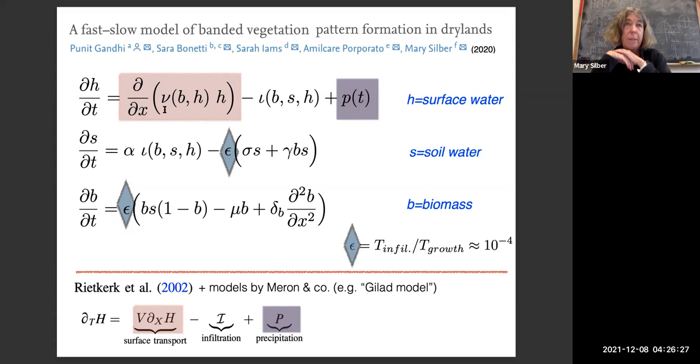So we put in something like 1 over 1 plus eta B, where eta was something like 20. So over the bare soil, it would be going at one velocity, and over the vegetated soil, it was going something like 10 times more slowly.